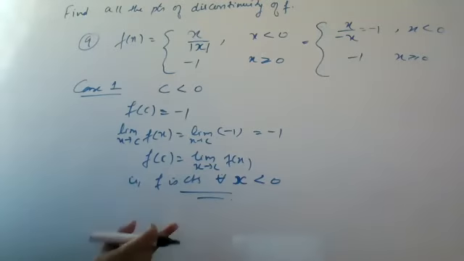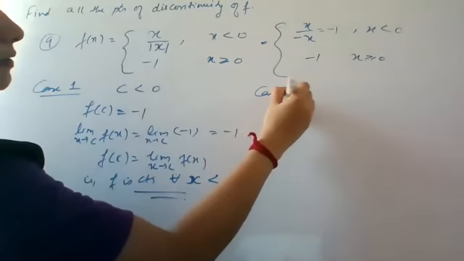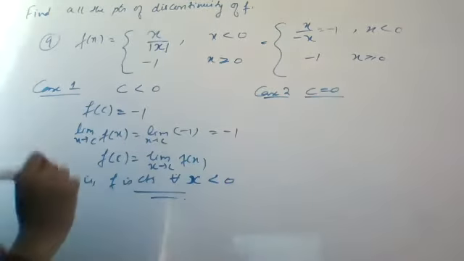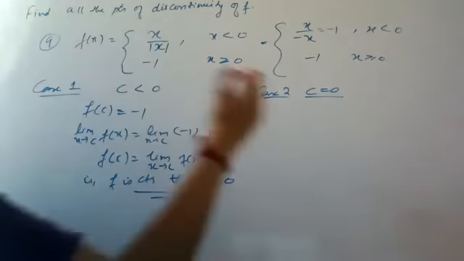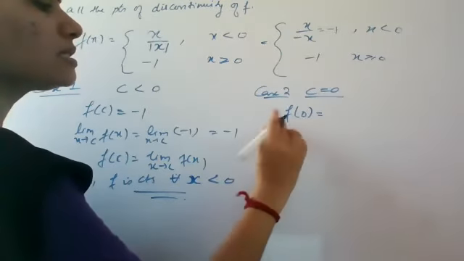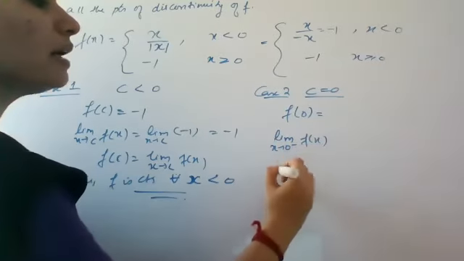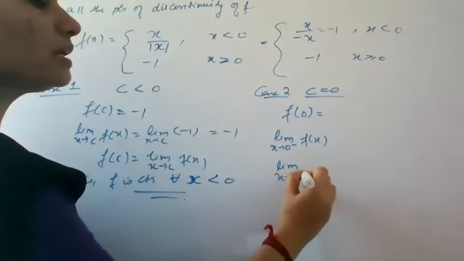One case. What is the second one? You have to prove at the point 0. For c equal to 0, again you need to check f of 0, limit x tends to 0 minus f of x, and limit x tends to 0 plus f of x.